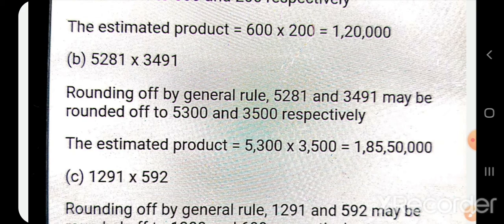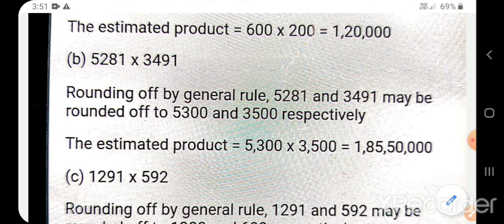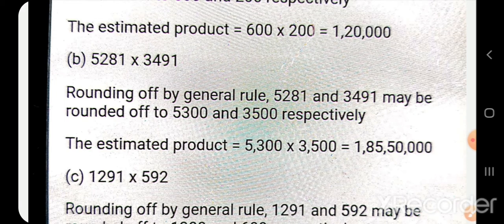Next is 3,491. So 3,491 may be rounded off to 3,500 because 3,491 comes between 3,400 and 3,500, and 3,500 is nearer to 3,491.